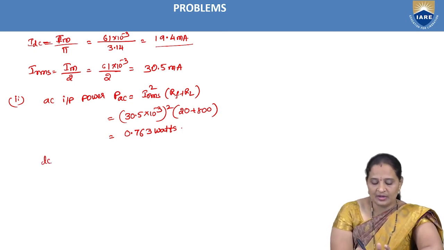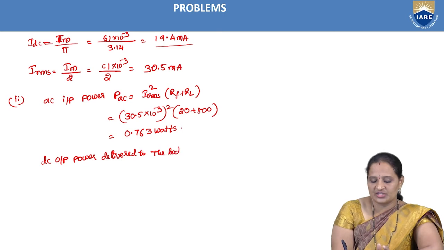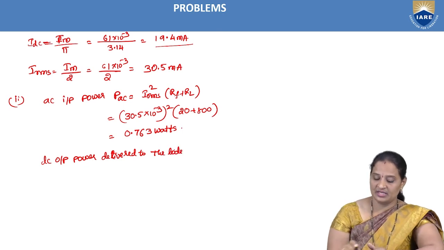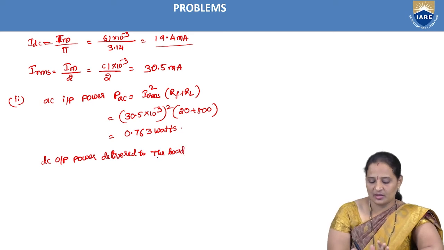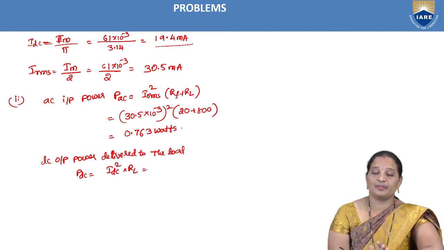Similarly, the DC output power delivered to the load, which is represented with PDC. PDC value is IDC square into RL.